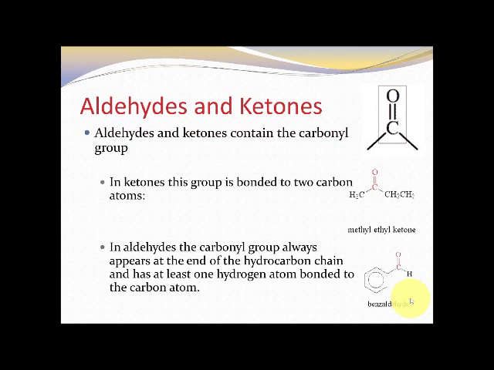In aldehydes, the ketone's always in the middle of the chain, and an aldehyde is always on the end of the chain, okay? Because it has at least 1 hydrogen atom bonded to the carbon atom as well. So if you notice, ketone's in the middle, aldehyde is at the end.